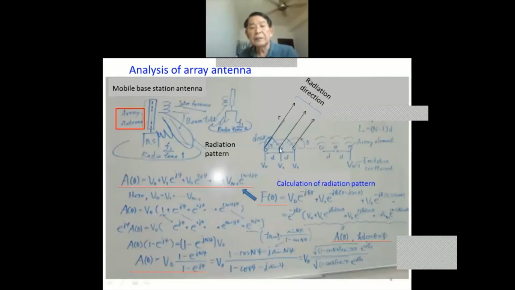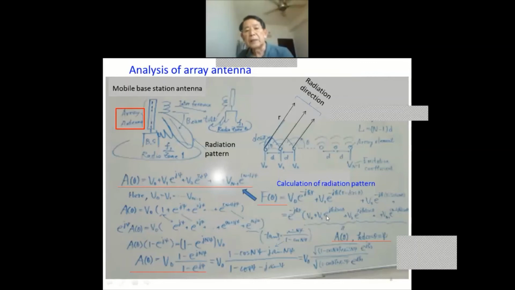The next radiator has excitation V1 and exponential minus jk(R minus D cosine theta). D cosine theta is the difference. For the second radiator, the distance becomes smaller by this value, D cosine theta. And the third is 2 times shorter. That is shown here.